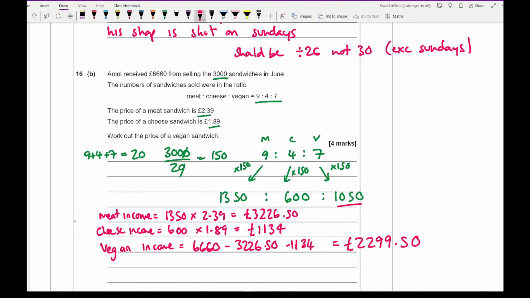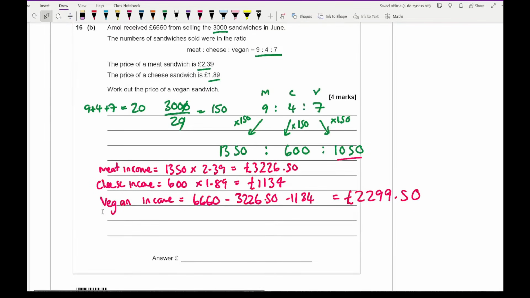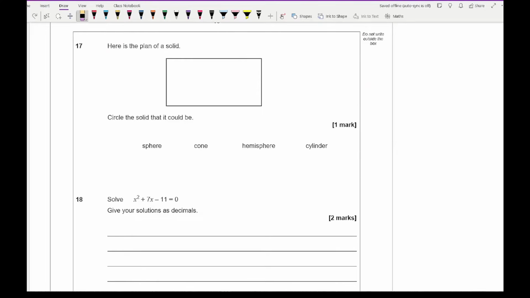Now we know that they sold 1,050 vegan sandwiches, so if we divide that by 1050, we get a final price of £2.19.